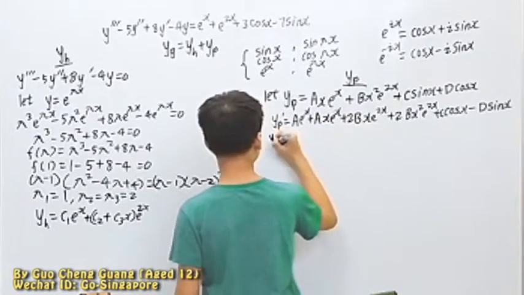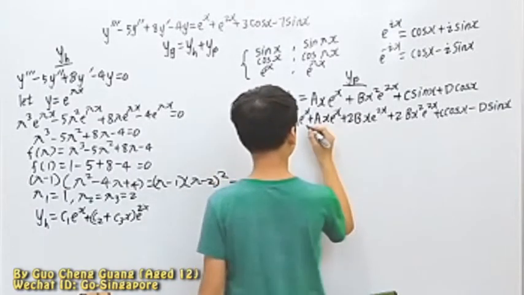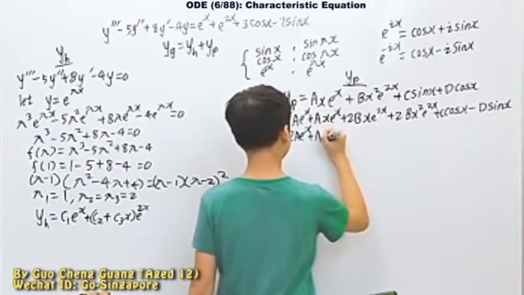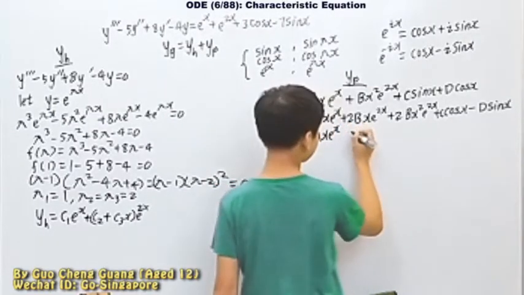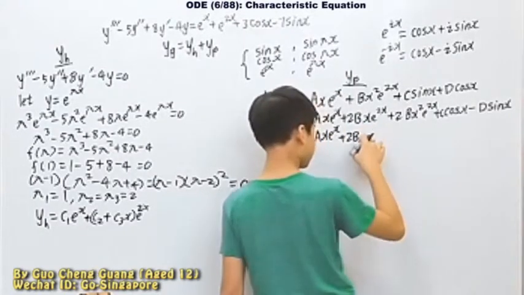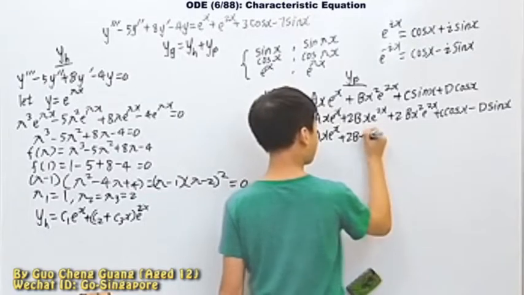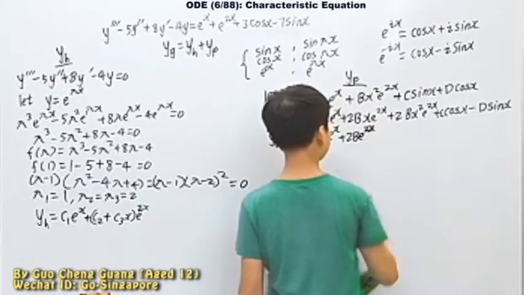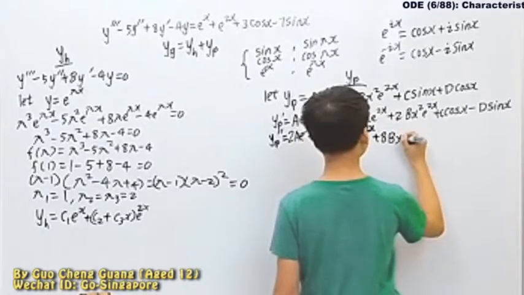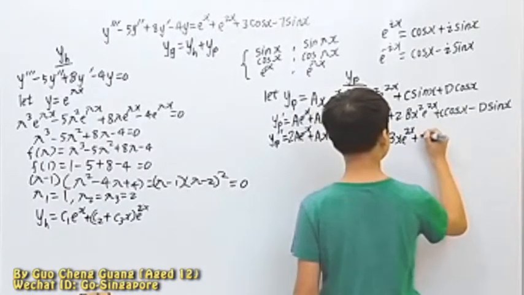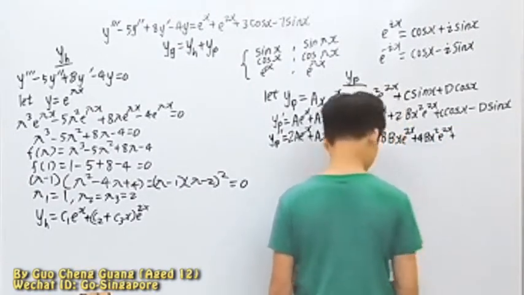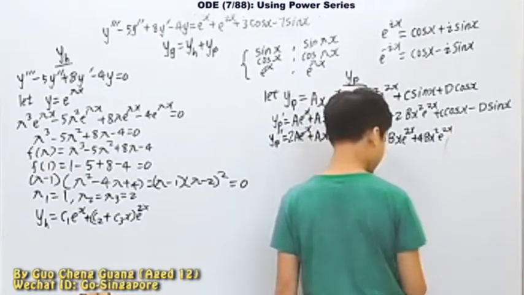Next up, the second derivative. Here, cosine becomes negative sine.